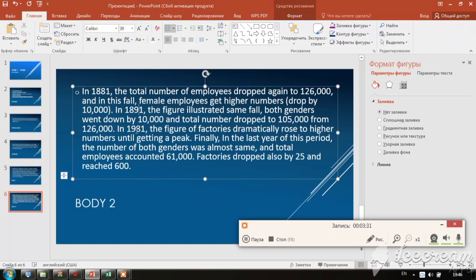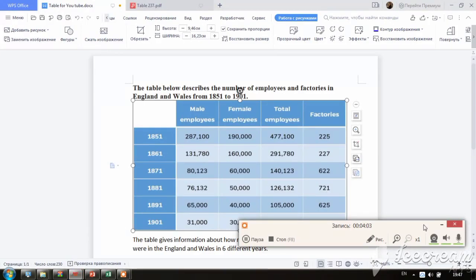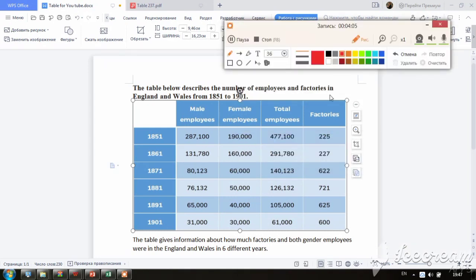Let's just see our paragraph. In the next sentence, we try to illustrate it. Sorry about that, it's some mistakes. In 1881, the figure of factories dramatically rose to higher numbers until getting a peak.